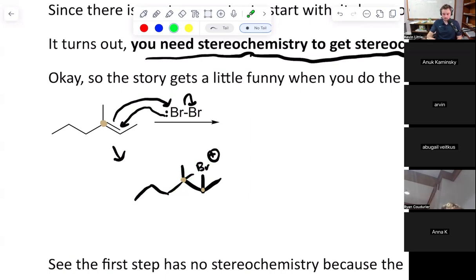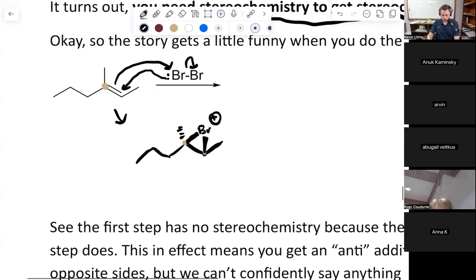It matters here whether or not this bromine was put on a wedge or dash, but since it added to something flat, we actually have no idea. It could have added either direction. So that means this bromine either could have added to the front or this bromine could have added to the back.